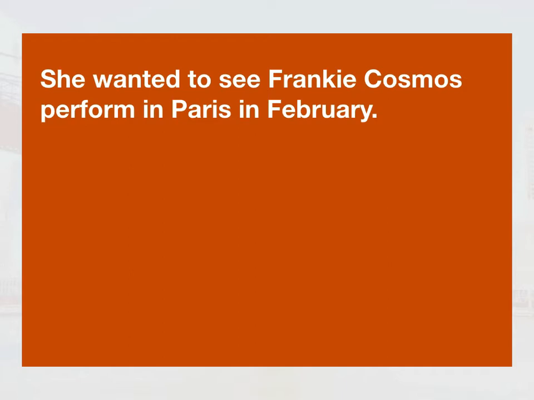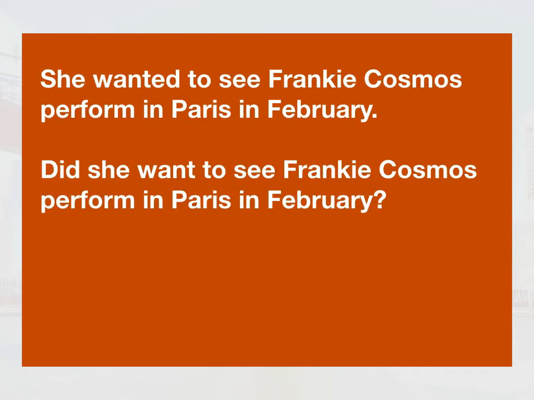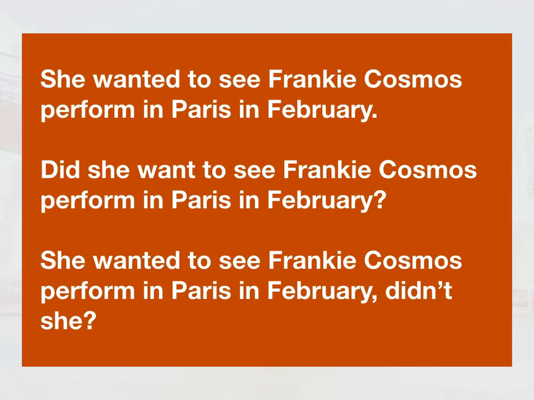That auxiliary is do. And do is what we'll always use when we want to indicate that a sentence is a question. So in this case, it's a past tense, so we're going to use the past tense of do, did. So we will end up with, did she want to see Frankie Cosmos perform in Paris in February? Now, we could also do this the same way we did with the question tag before, if we really kind of knew that this was the case, and say, she wanted to see Frankie Cosmos perform in Paris in February, didn't she?